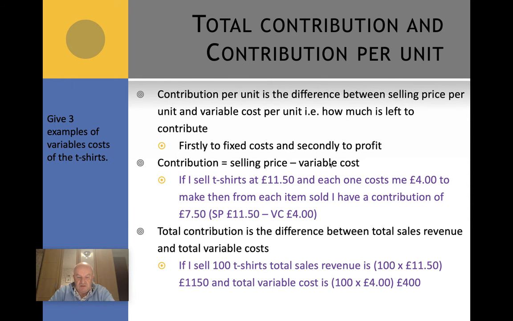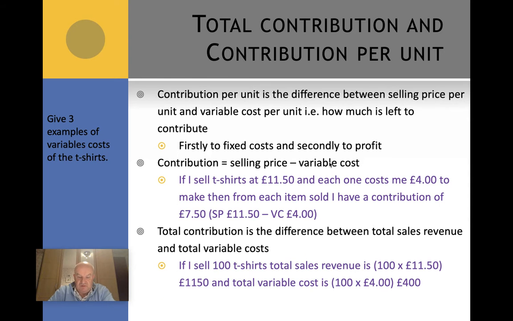So, for instance, in this scenario, if we sell 100 t-shirts, our total sales revenue, based on what we've got above, is 100, the number of units that we've sold, times by 11.50, so that gives us £1,150 in terms of our total sales revenue. Our total variable cost in this case is £4 per unit, times by 100, so we've got 400 in total as our variable cost.